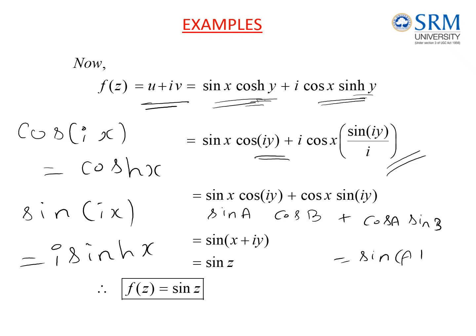So that can be rewritten as sin of x plus iy. x plus iy is z, so we get f of z as sin z. This is one way of finding f of z by finding the harmonic conjugate function. The other way is by using the Milne Thomson method, where we can find f of z directly. That you can try.